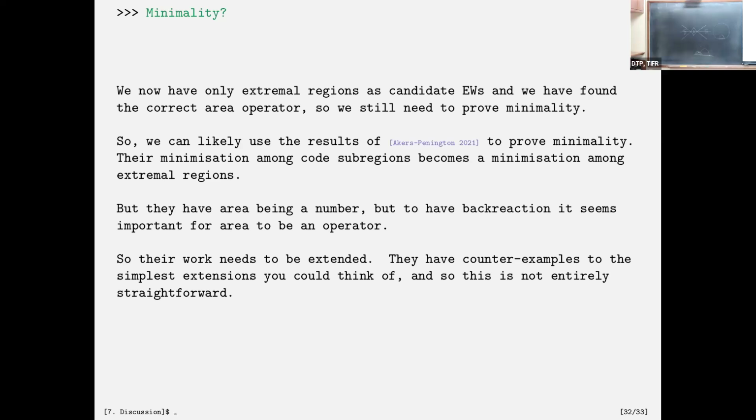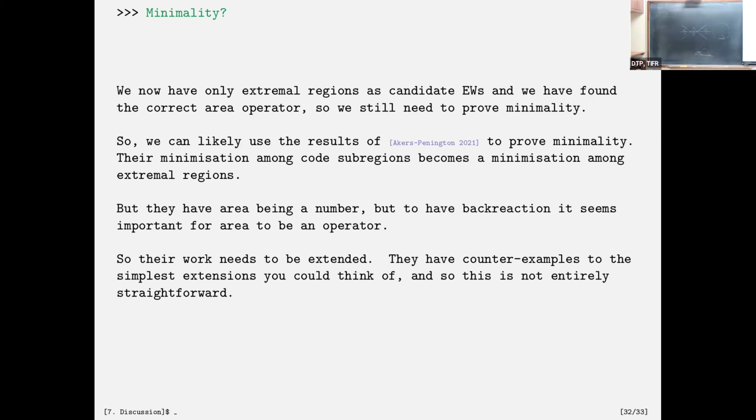And the idea is that gravity gives you extremality. So the regions these guys use would only be regions bounded by extremal surfaces, and then among them, the proof here would give you minimality. But there are some issues, like their area is a number, which won't work in gravity.